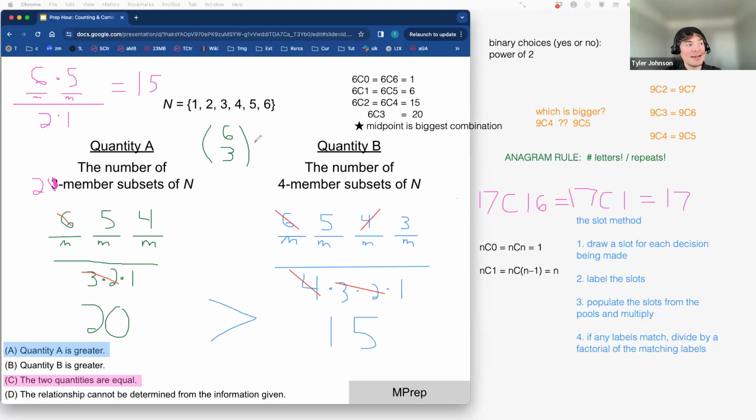That's the same thing as a combination. It's the same notation as 6 choose 3. Which in turn is kind of the same logic we use down here with the slot method. So all of that in green, it's just different ways of writing the same thing.